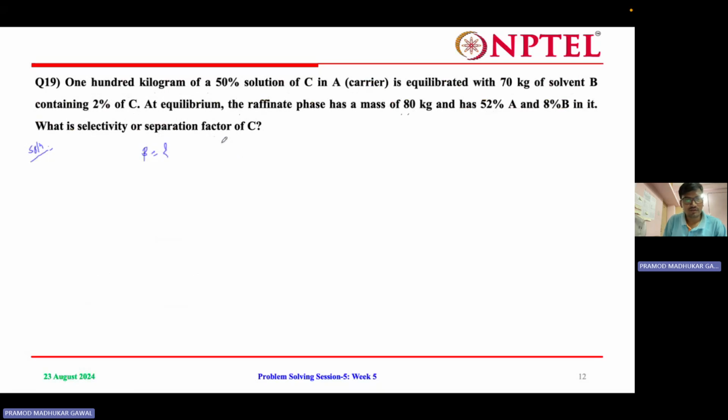Here feed is given as 100 kg, and the weight fractions, or mole fractions, are as follows. The mole fraction of the solute C in the feed is 0.5, and xa, the carrier, is 0.5 in the feed. And the solvent, I have directly written here with the help of a flowchart.